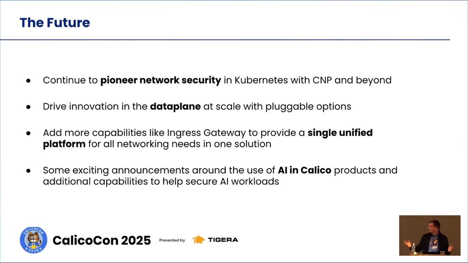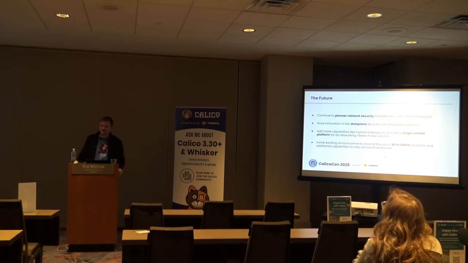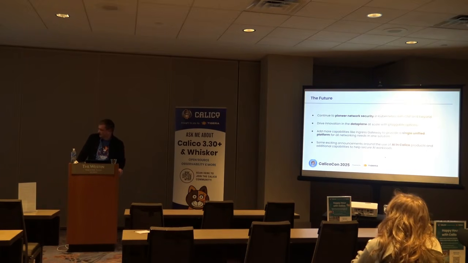So what does the future look like in Project Calico? We'll continue to pioneer network security in open source and in Kubernetes. We're heavily involved with cluster network policy and the SIG network group that's behind that, and we'll continue to be. We consider ourselves stewards of Kubernetes network policy and network security, and we'll continue to drive innovation at the data plane level, not just in eBPF, but in all the different data planes that we support.